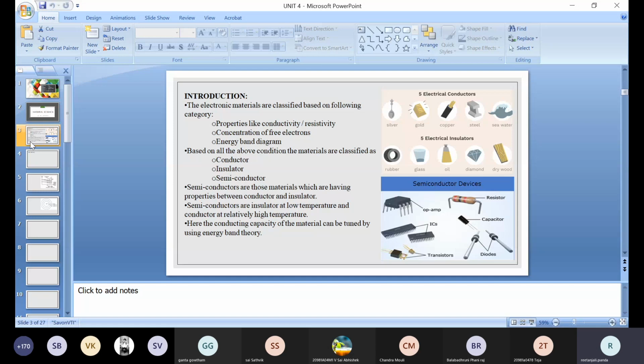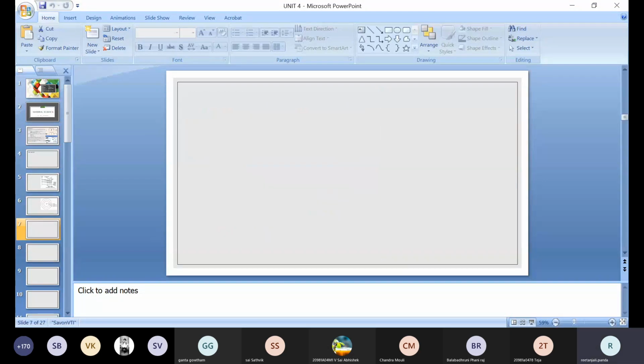I must have shown you a graph like this. Here I told you this is the conduction band, and this is the energy gap.